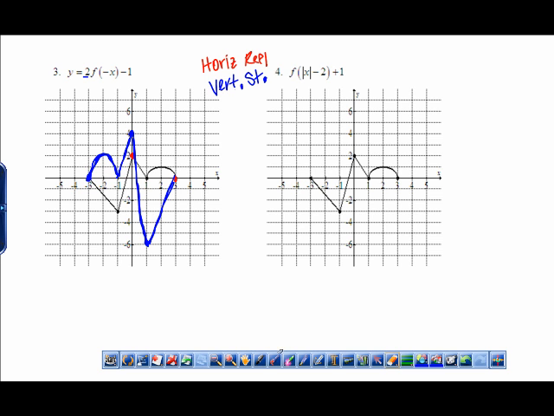Okay, last thing, what's that -1 going to do? That's going to be down 1. So move everything down 1. Exactly as it is, but down 1.